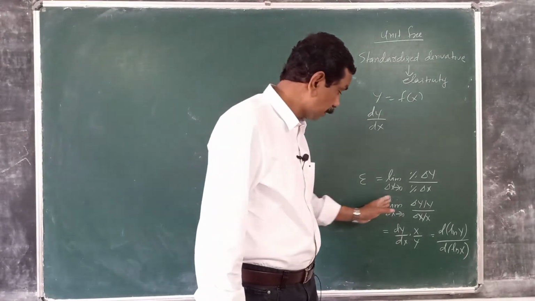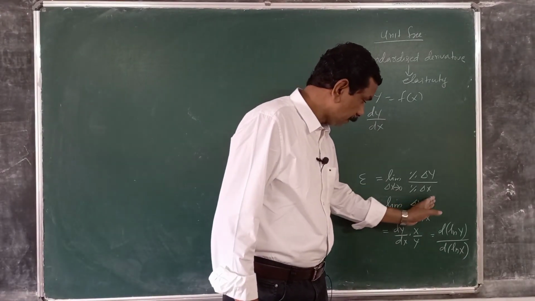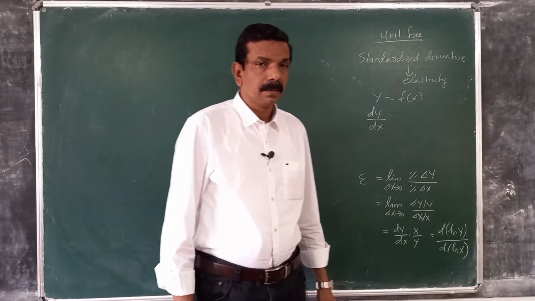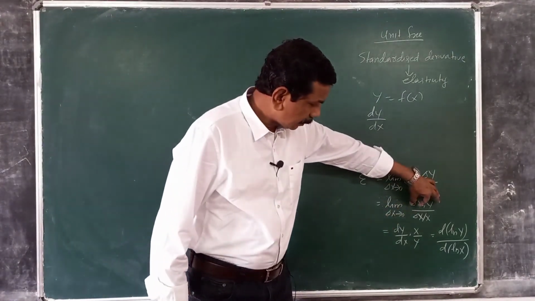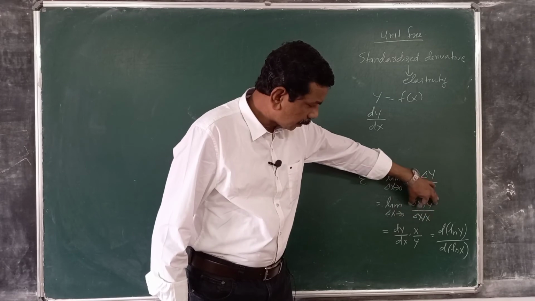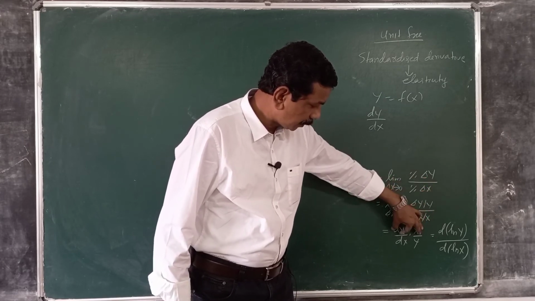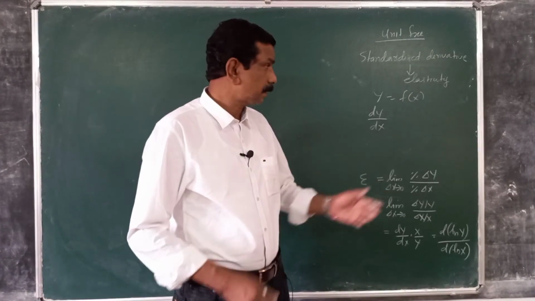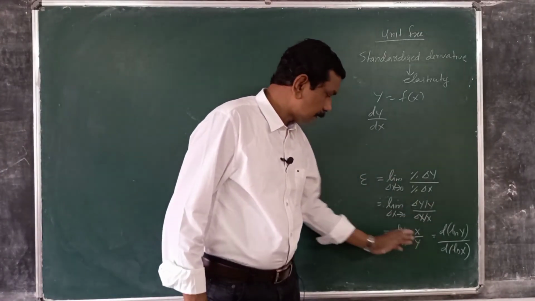So, it is the limit of (delta y by y) divided by (delta x by x). And you know that delta and d are conceptually the same. This delta becomes d as delta x approaches 0. And this is the elasticity measure.